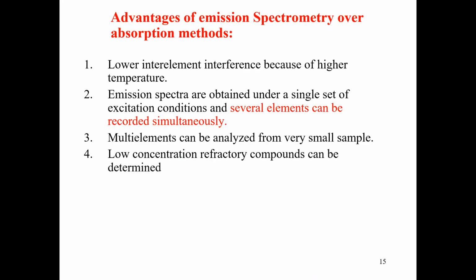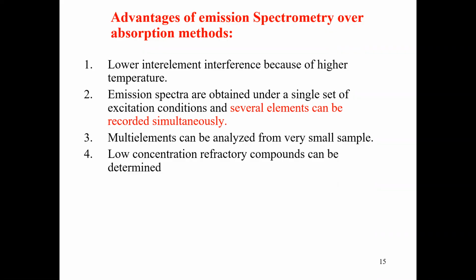Number 4, low concentrations of refractory compounds can be determined. You remember what refractory compounds are? Can you give me an example of a refractory compound? We talked about it in the morning. Refractory means you can't separate them very easily.